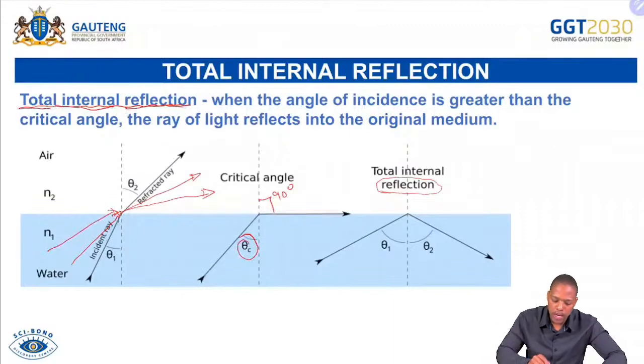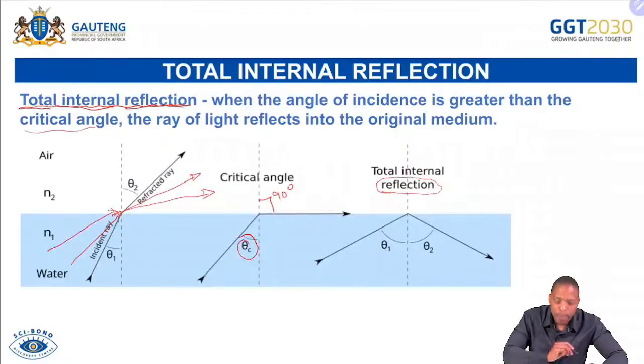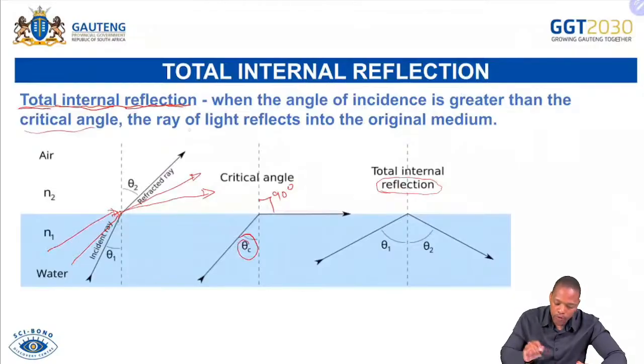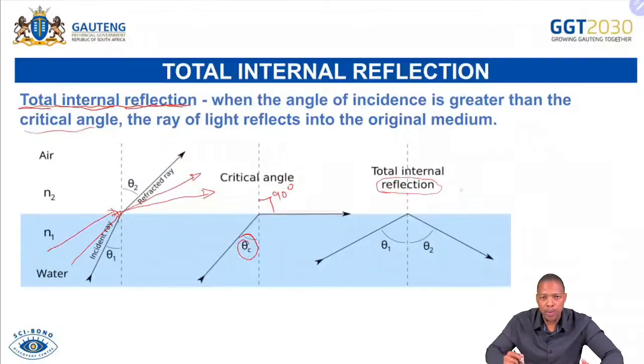According to the exam guideline, we say when the angle of incidence is greater than the critical angle, the ray of light will reflect back into the original medium. When we expected it to go through, because we were looking at a transparent object that allows light to pass through, we were looking for it to go through but bend.